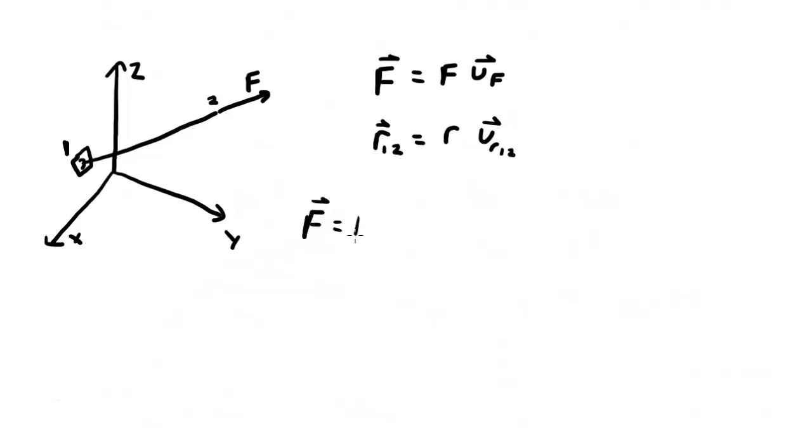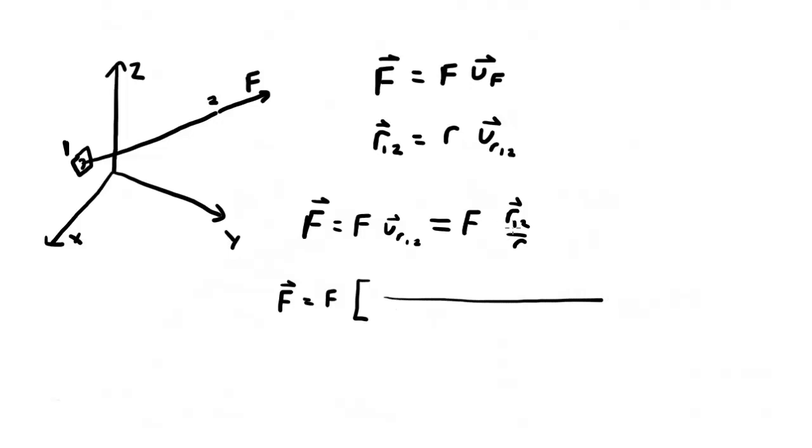So F is now the magnitude times UR12. We also recognize that this unit vector is the position vector that describes how to go from point 1 to point 2, divided by its magnitude. That means that F can be written as the magnitude of F times this ratio.